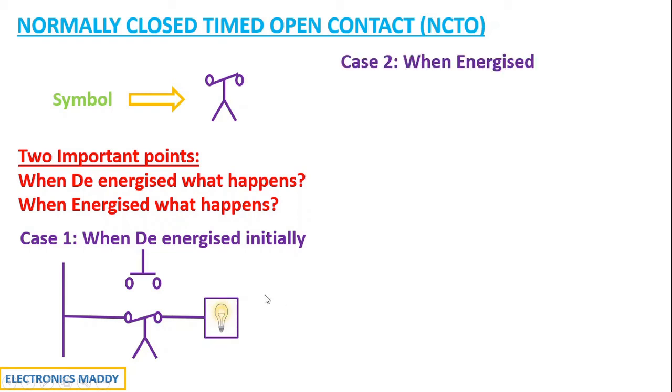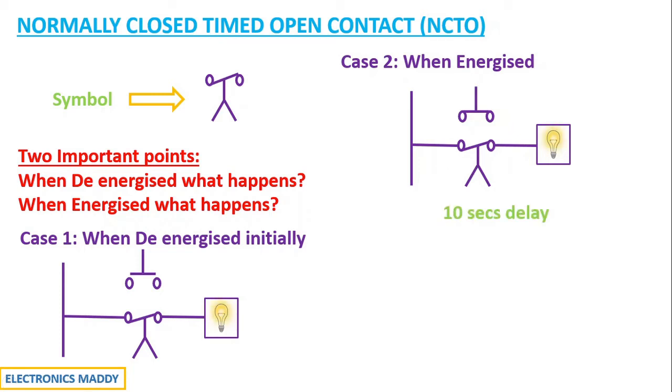Now case 2, what I will be doing is energizing this contact by pressing the push button switch. Once I press the push button switch, the timer understands that the energy is supplied to this contact, and at that point of time it takes the time delay that is set within the controller.